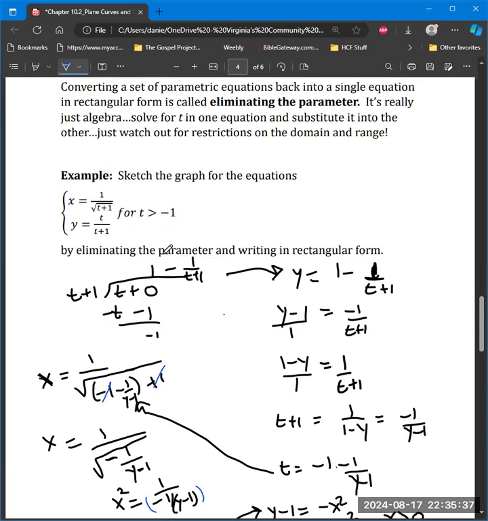So let's look at x here. That x, if I look at that function of t right there, let's just look at this in rectangular function mode for a second. The output of this, which is going to be my y values, I'm going to look at 1 divided by the square root of x plus 1.